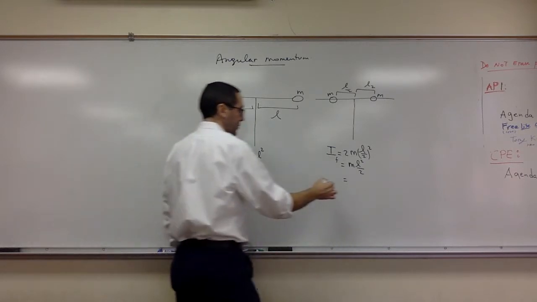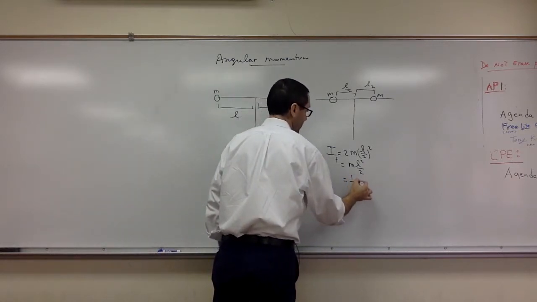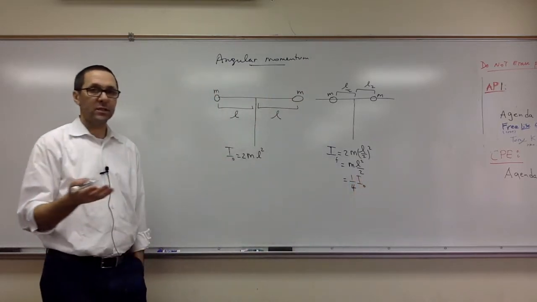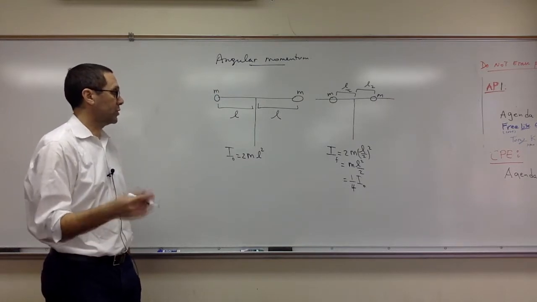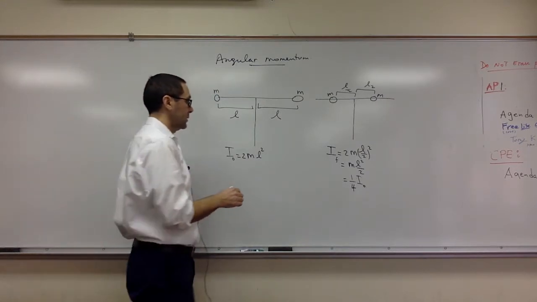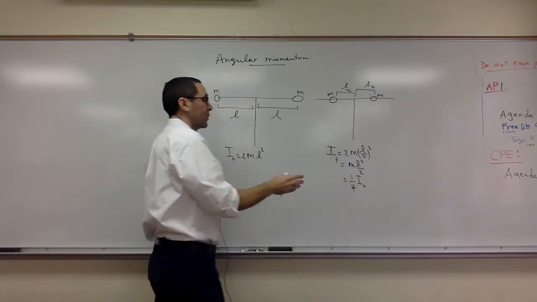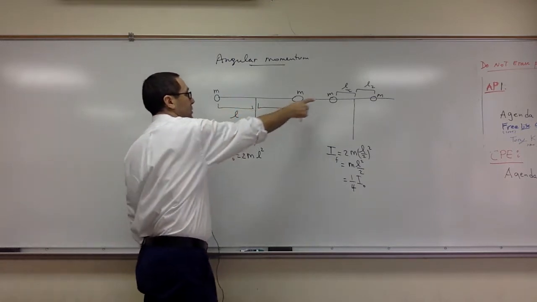So this is going to be 1/4 of the initial I. It follows a square proportion property. In other words, when you come closer, your I will drop by the square of the ratio of these two distances.